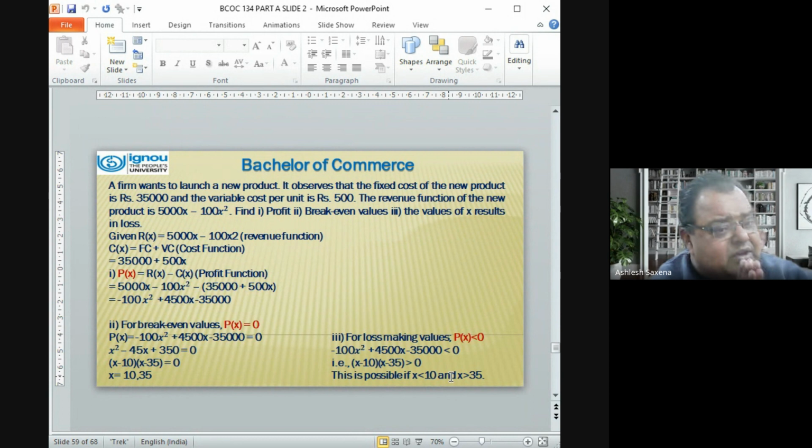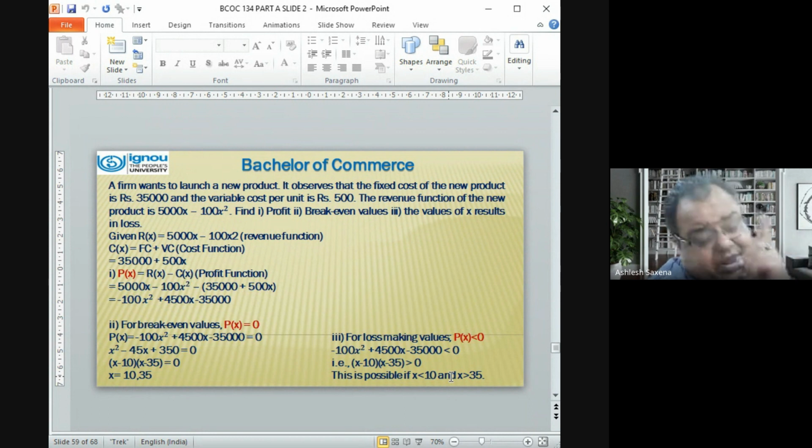Variable cost, how many units are you producing? 500, 500 into x. Your profit function will be revenue minus cost. You have the cost function and the revenue function, so find out the profit function. That will be minus 100x squared plus 4500x minus 35,000.